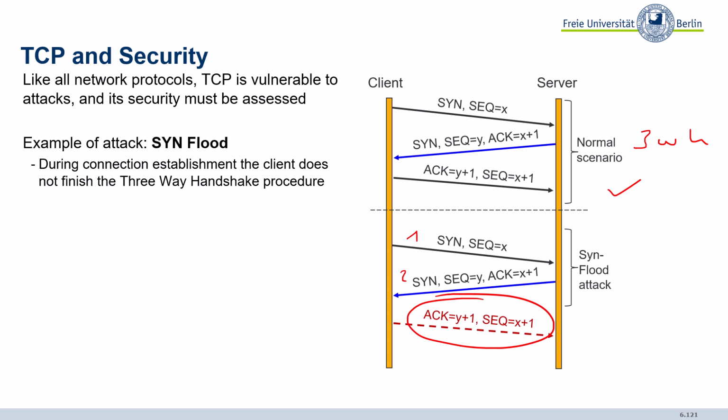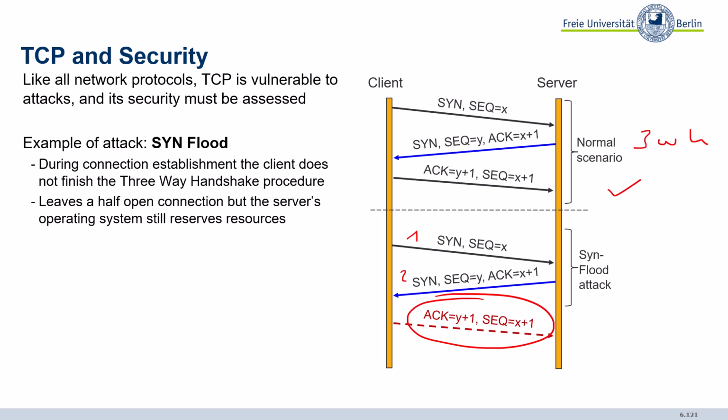Then it's a two-way handshake, but the problem is this leaves a half-open connection on the server side. So here, the server reserves at least a port for this new connection that should come, but it never comes.